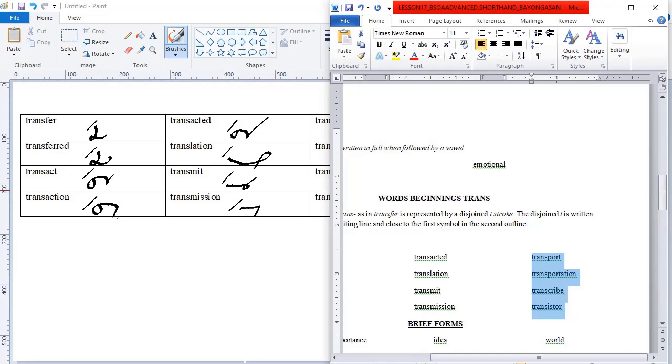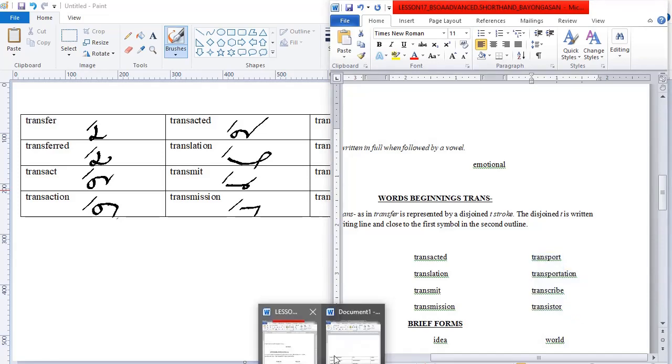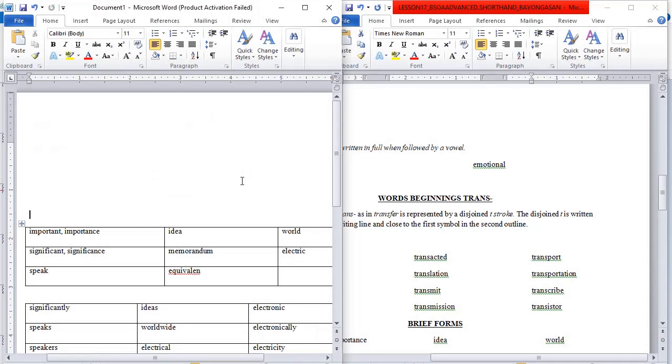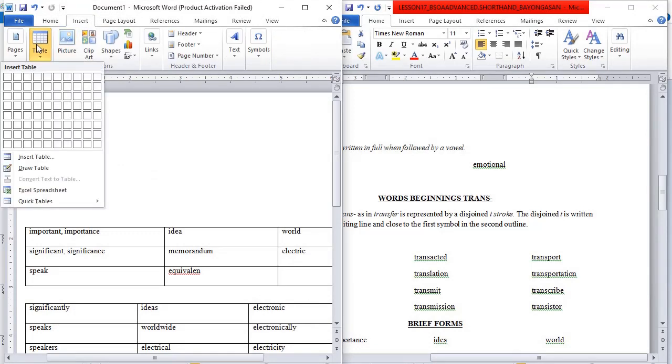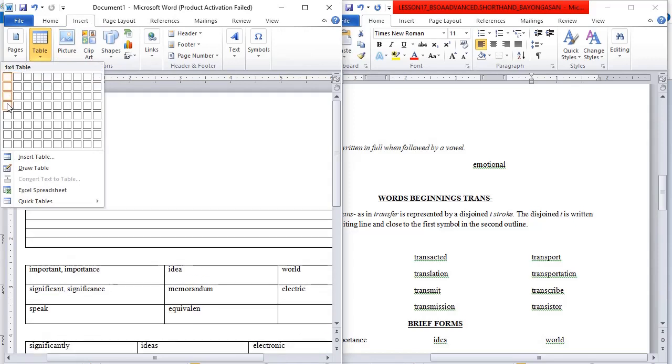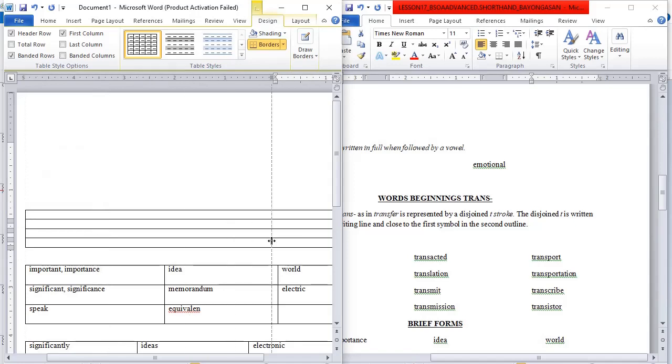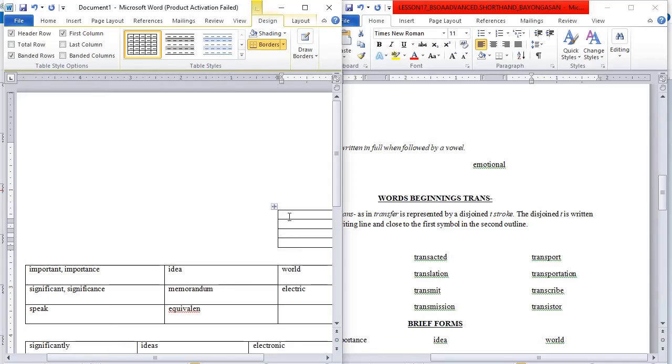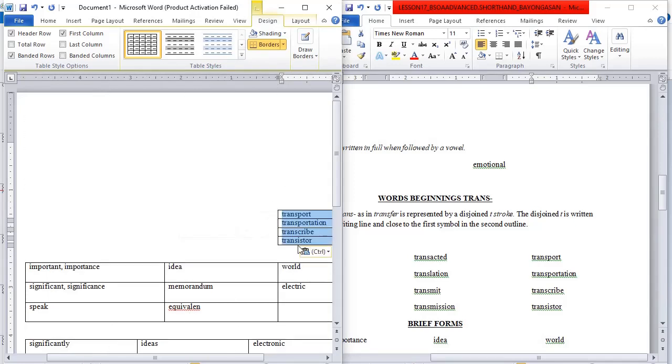Control C. Lipat ko muna sa kabila. Okay.